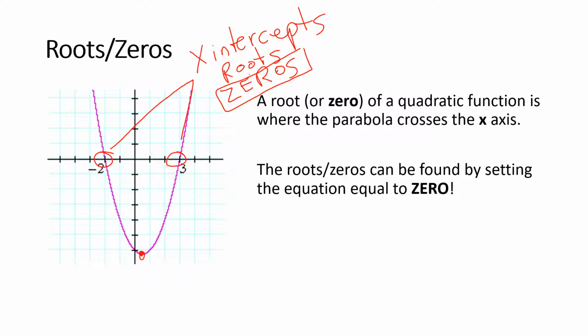And that's going to be really important to us because if I ever ask you to find the x-intercept or if I ever ask you to find the roots of a quadratic function, all you do is set the equation equal to 0. So if you remember that x-intercepts are the same things as the roots, are the same things as the zeros of a function, then you'll remember to set the equation equal to 0.